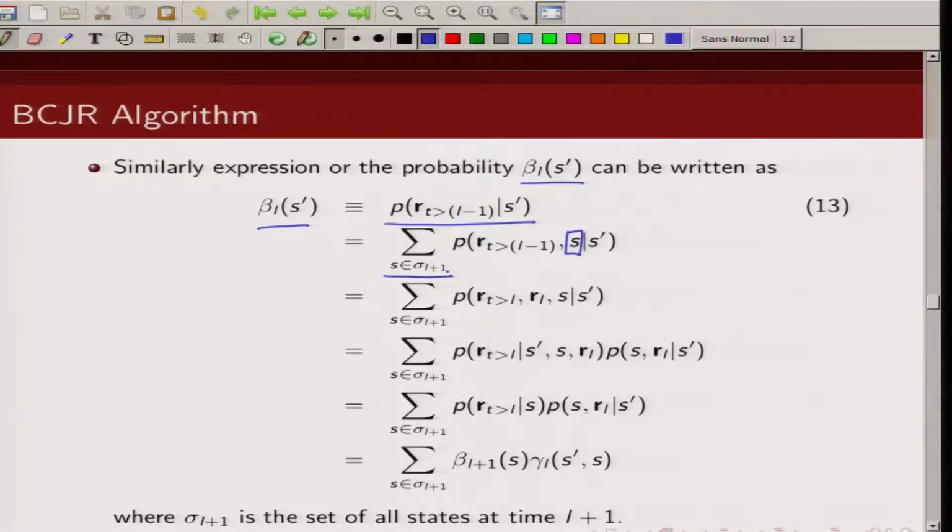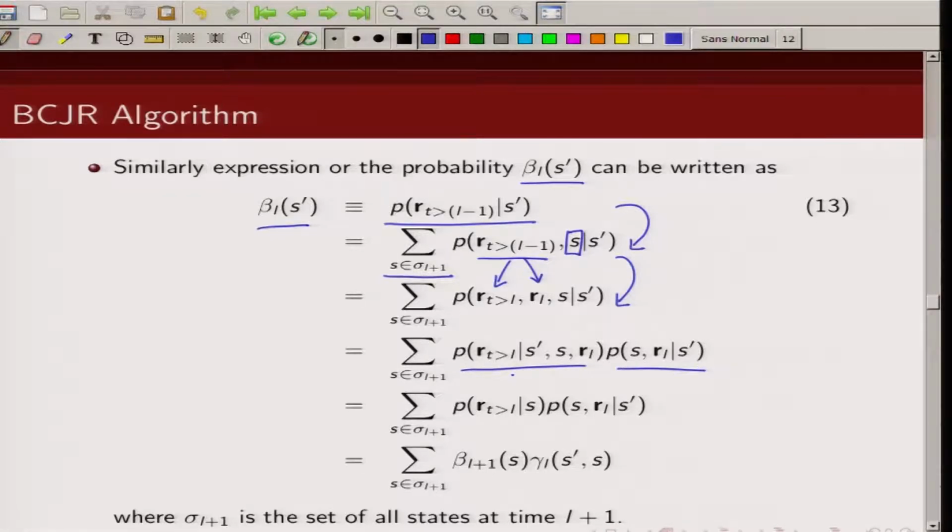So, from here we get this. Now, we split this r into these two terms, so we get this expression. Now, using Bayes rule I can separate out this term into two terms like this.